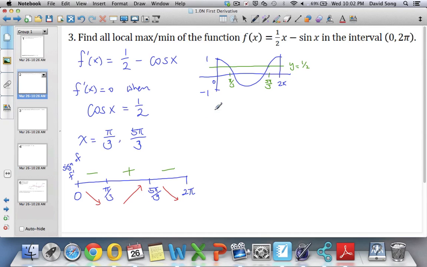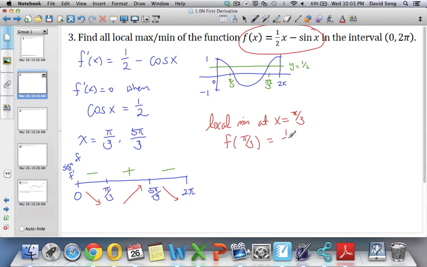So what is a local min? Local min at x equals pi over 3. But that's where the local min happens, but that's not my local min. You have to plug it into the original function to find the y value, right? So what is f of pi over 3?